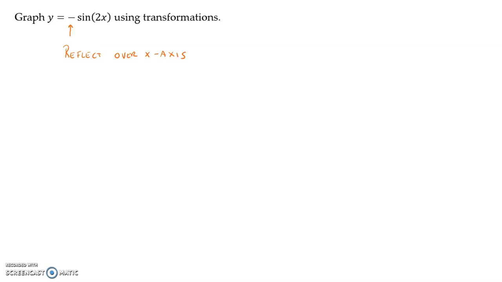Which is the same thing as turning your graph upside down. And you can think of it as multiplying -1 times those y values.